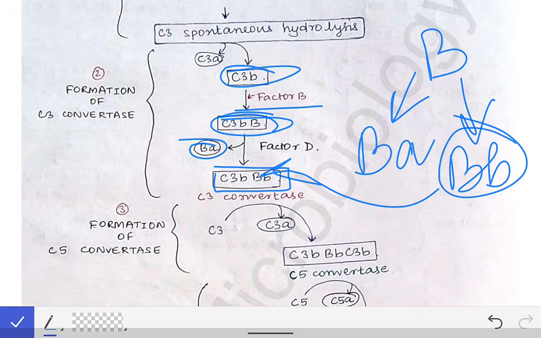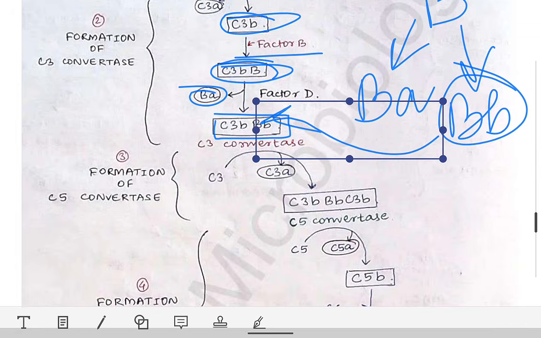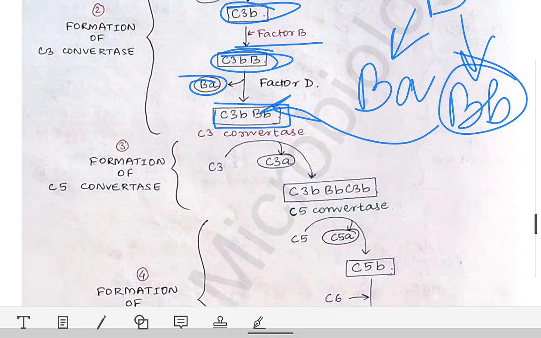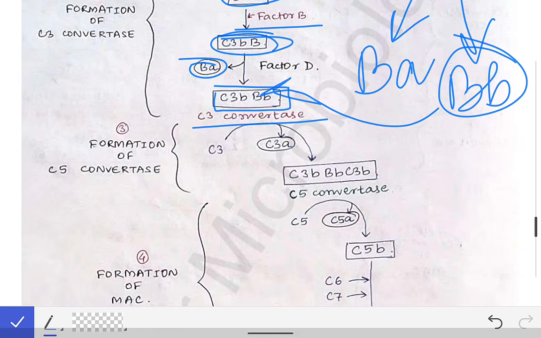Now we should get the C5 convertase in the third step of the complement activation. So how do we get the C5 convertase? Once we get the C3bBb complex, this acts as the C3 convertase. This C3 convertase now further converts the C3 into C3a and C3b.